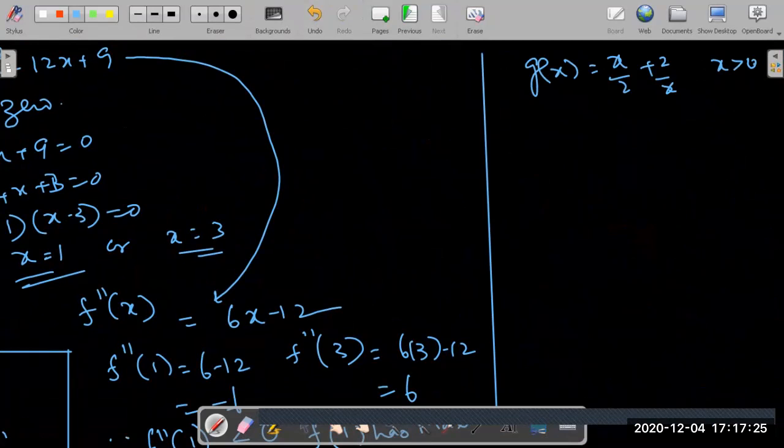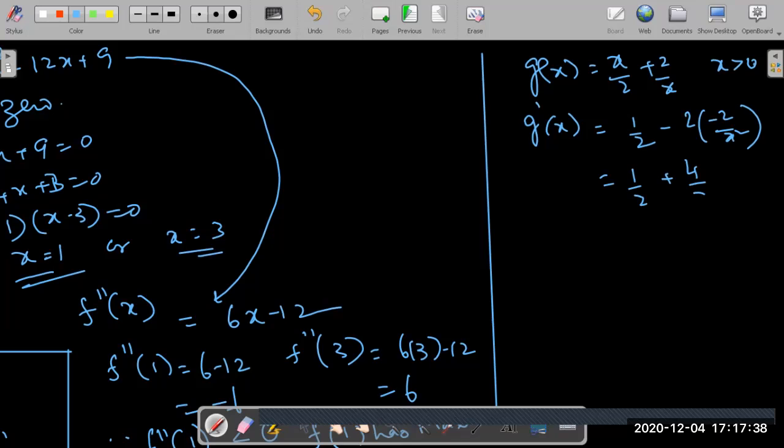So we will do g dash x, that means half. This is minus 2 into minus 2 by x squared. That's equal to 1 by 2 plus 4 by x squared. This is g dash x.